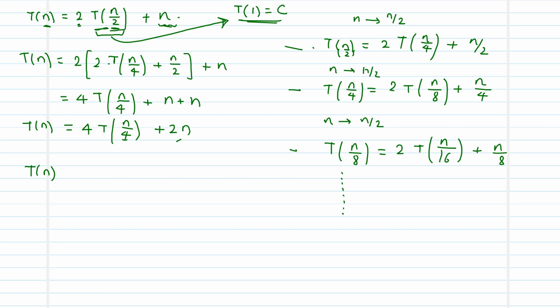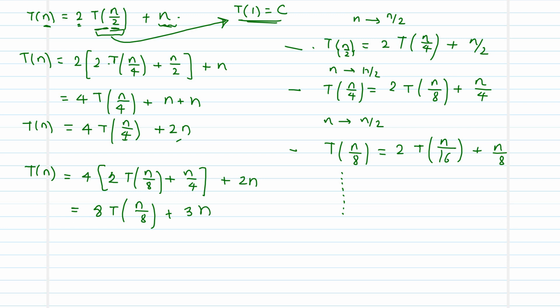Similarly we will get the next equation as 4 times T of n by 4, which is 2 times T of n upon 8 plus n upon 4, and we had 2n here. So you can see that now it is 8 times T of n upon 8, and 4 into n by 4 is n, and n plus 2n is 3n.